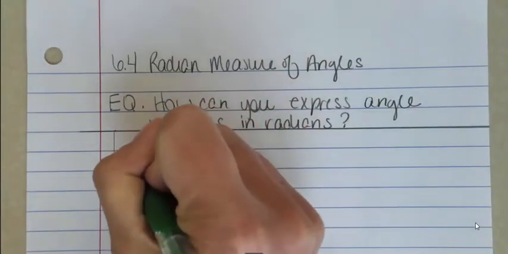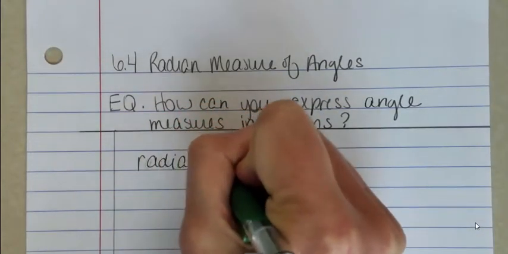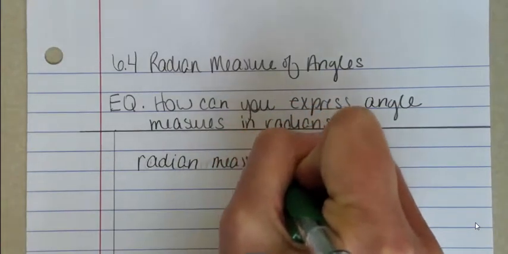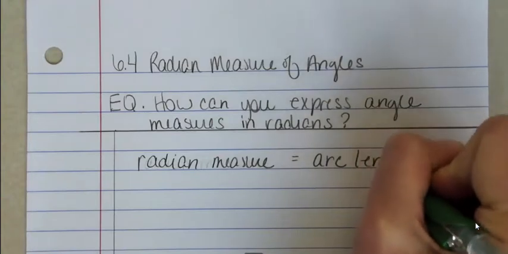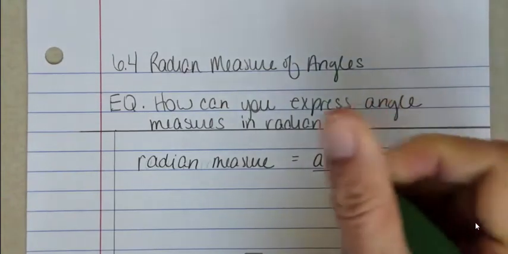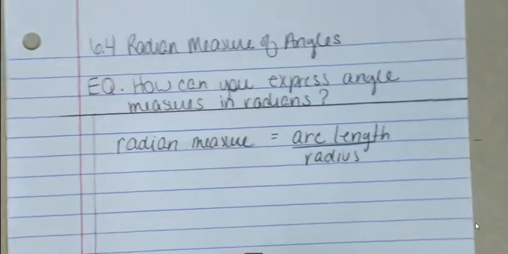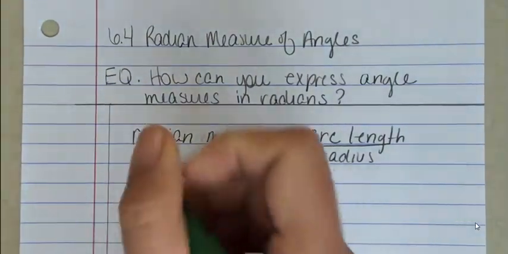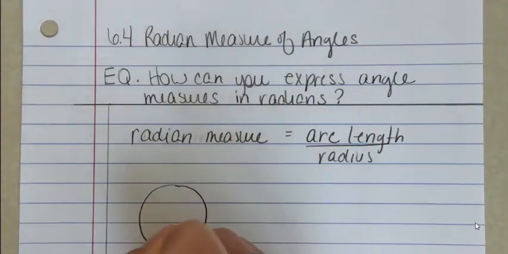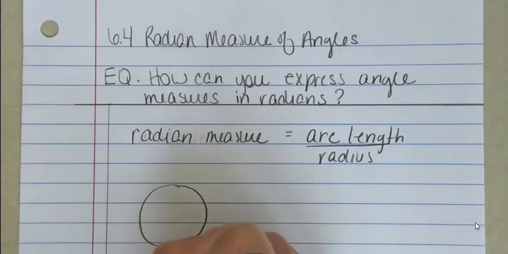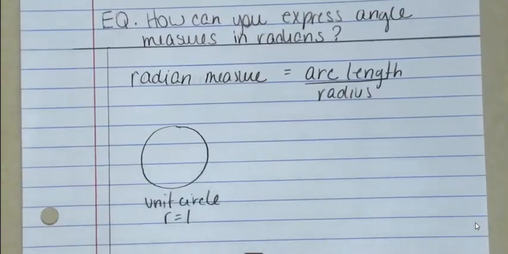So by definition, we say that radian measure is basically equal to the arc length divided by the radius. So in the unit circle, if you remember, hopefully you remember radius is always going to be 1.